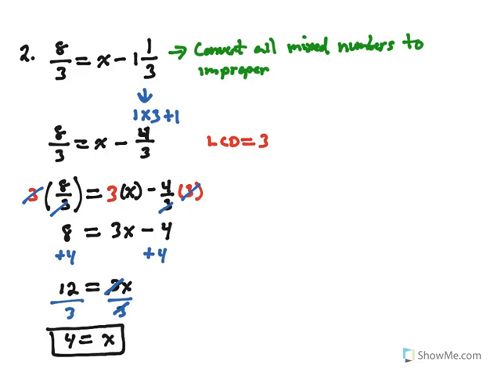Just make things a little easier. Just something to consider, okay? And then proceed with finding the common denominator, multiply that common denominator with everything in the equation, and then go from there, okay? All right, so let's do another example.